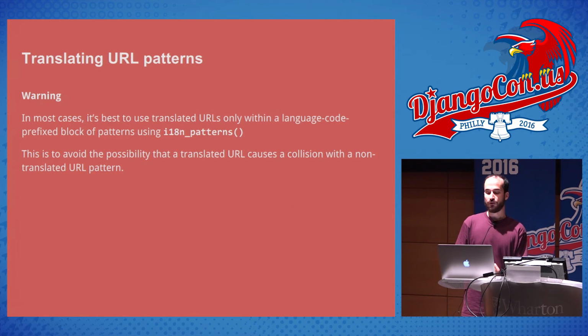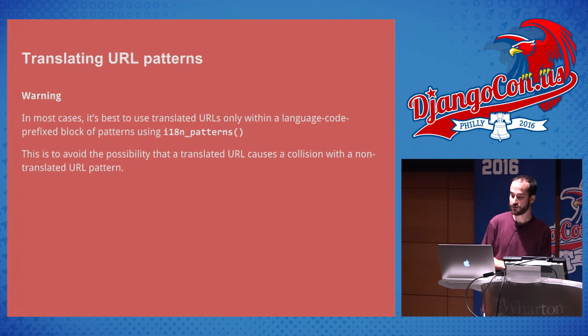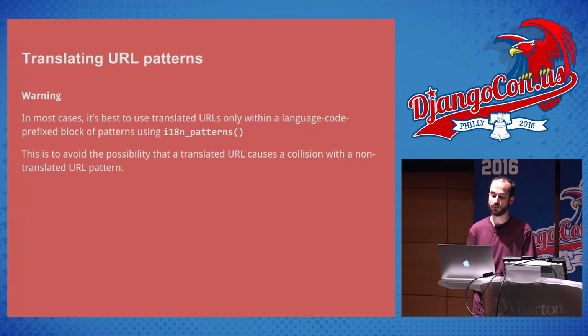And about translating URLs, again, there's a big warning in Django docs. In most cases, it's best to use translated URLs only within a language code prefixed block of patterns using i18n_patterns. This is to avoid the possibility that the translated URLs cause a collision with a non-translated URL pattern.